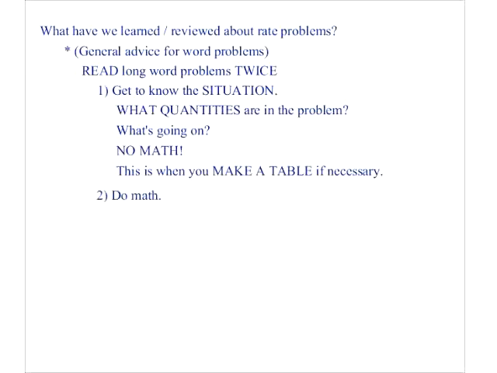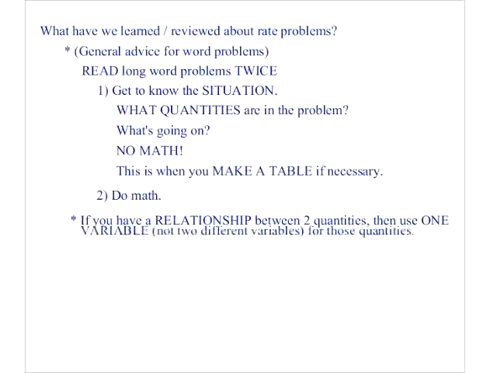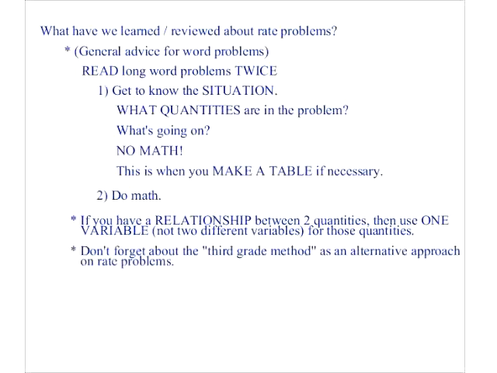Another thing we reviewed was that if you have a relationship between two quantities, then use one variable, not two different variables, for those quantities. And then finally, don't forget about the third grade method as an alternative approach on rate problems. Okay, questions, go ahead and type them in the chat box, otherwise we'll look at another problem.